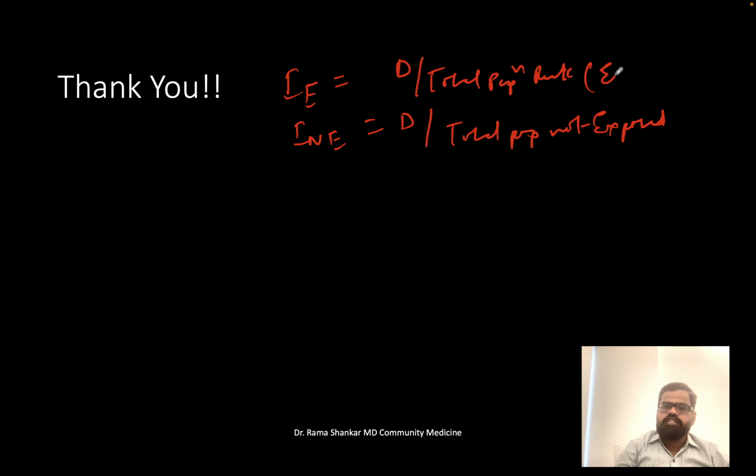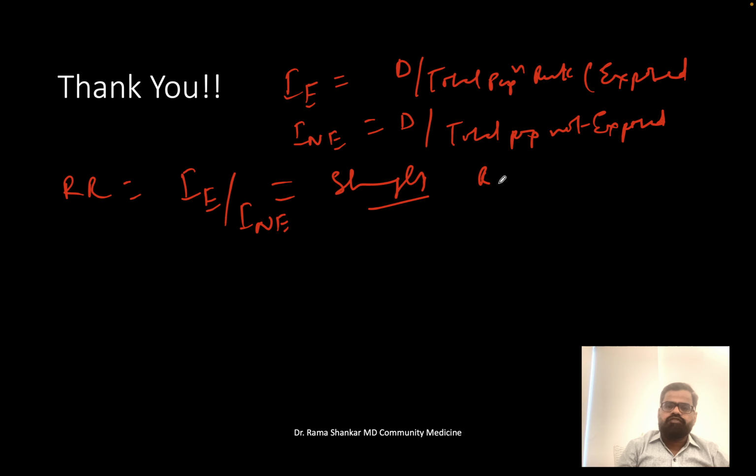Here the population is exposed. You're taking relative risk, it is incidence in exposed over incidence in non-exposed. So you're trying to understand the strength of association, right? If it is greater than 1, it is positive. It is equal to 1, no association. Less than 1, it is negative association.